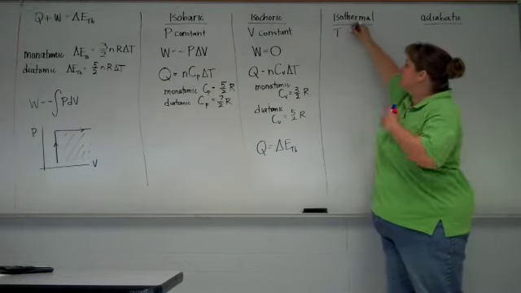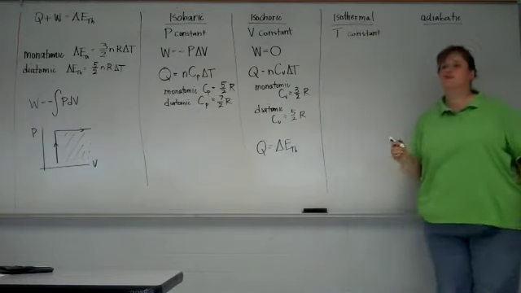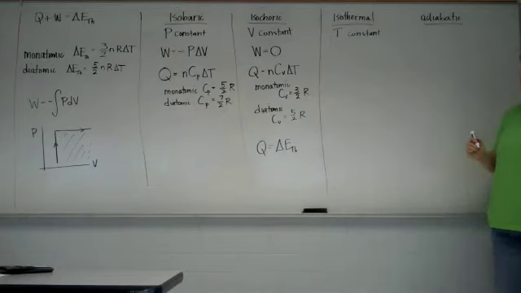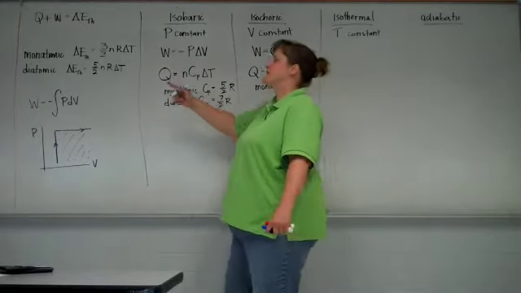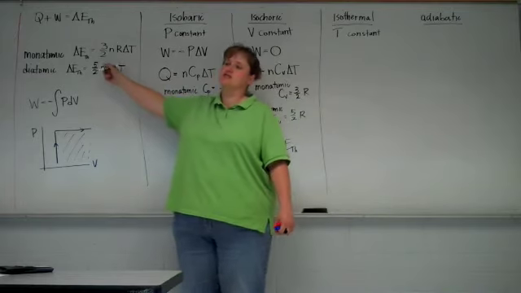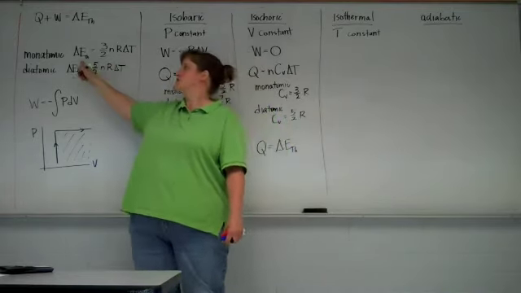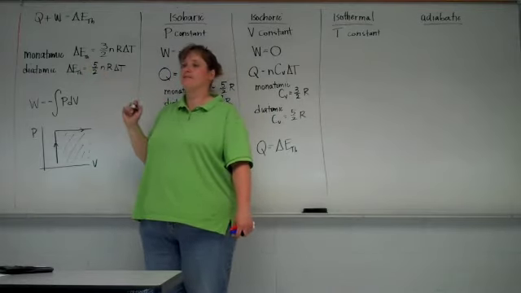Isothermal process is the one where temperature is held constant. If temperature is held constant, what can you tell me about the change in thermal energy? It has to be zero.